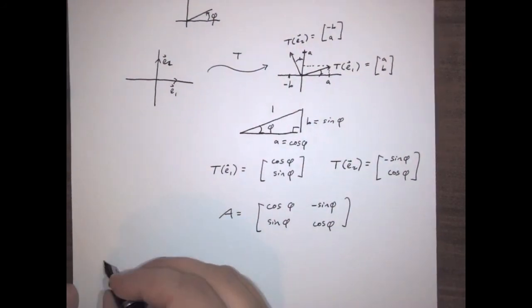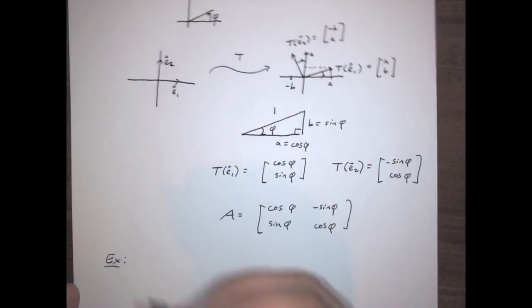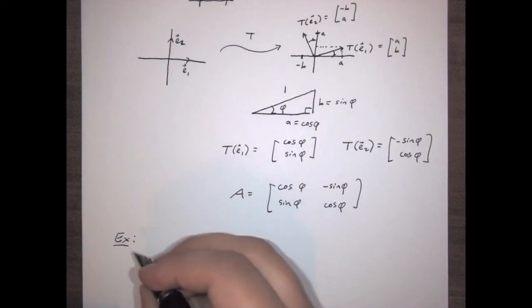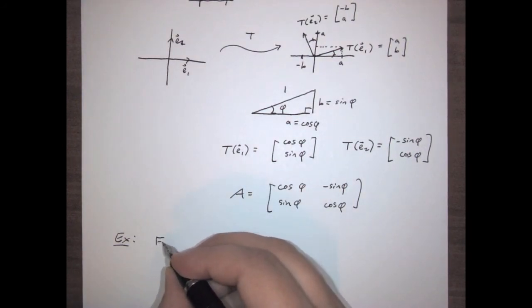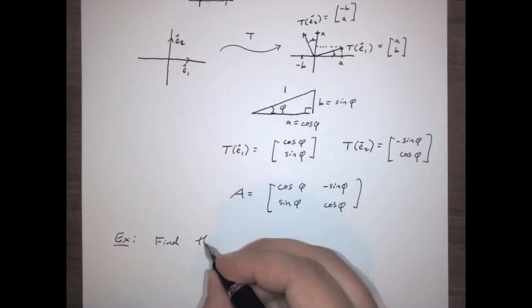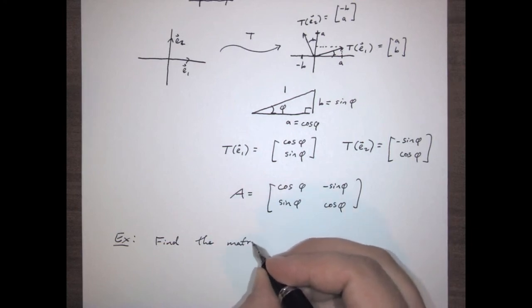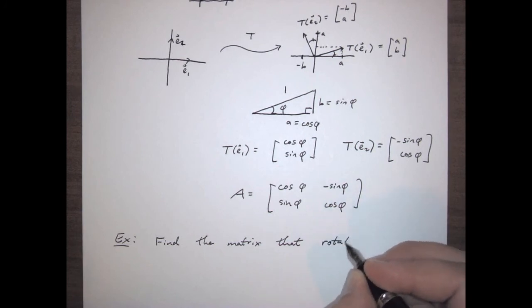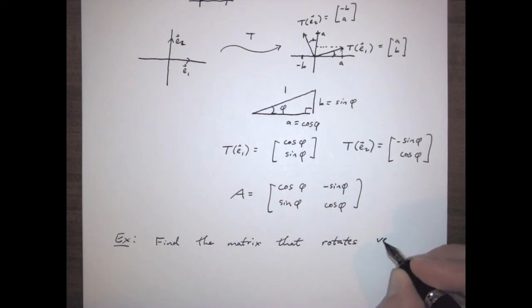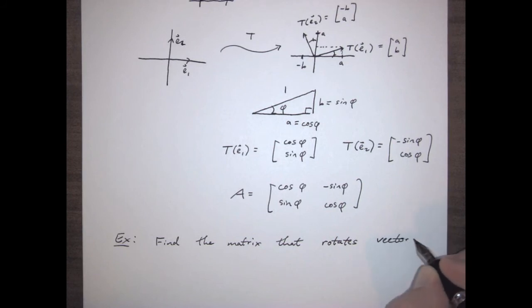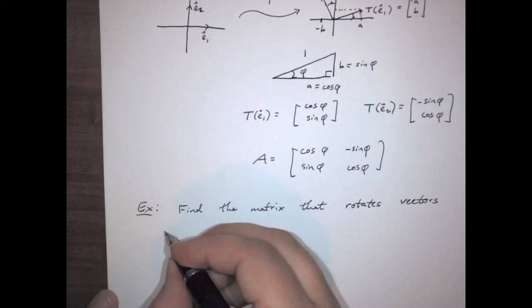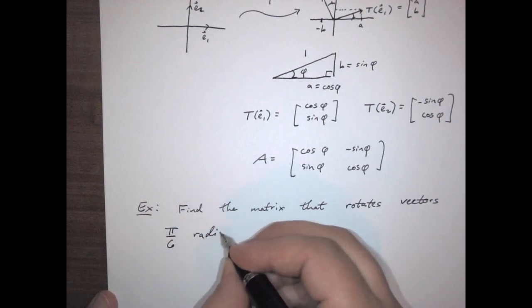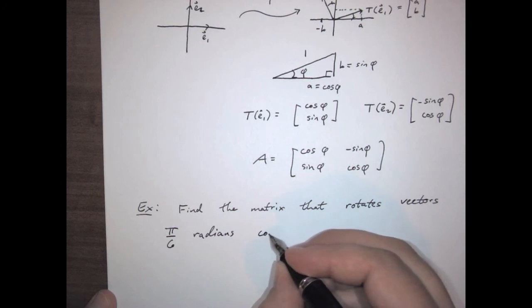And as an example of this, let's try a quick concrete example here. Find the matrix that rotates vectors, let's say, pi over 6 radians counterclockwise about the origin.